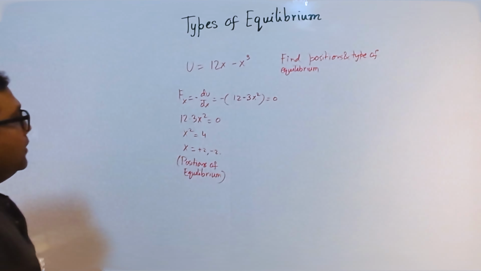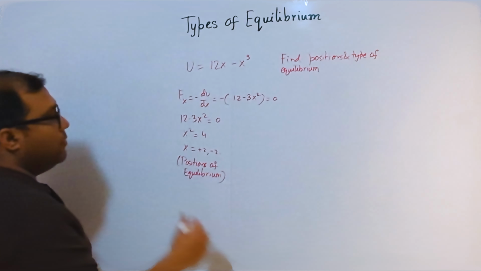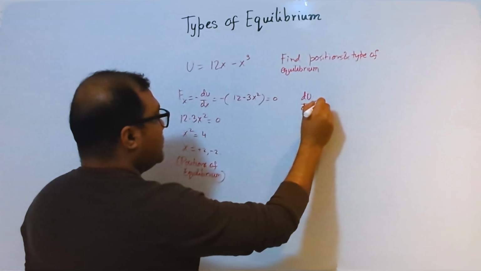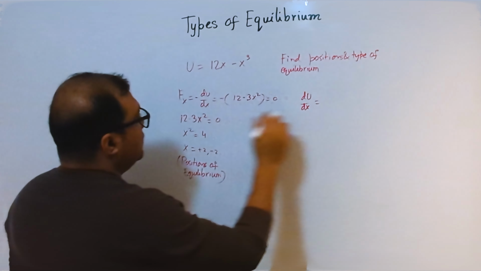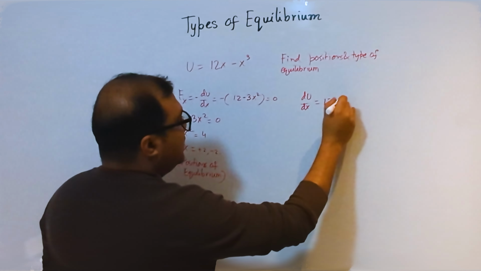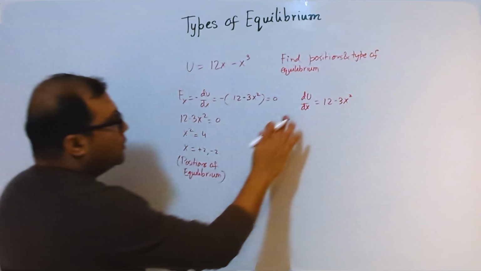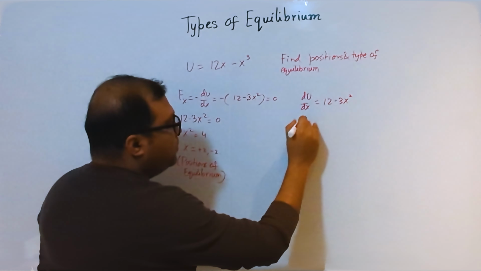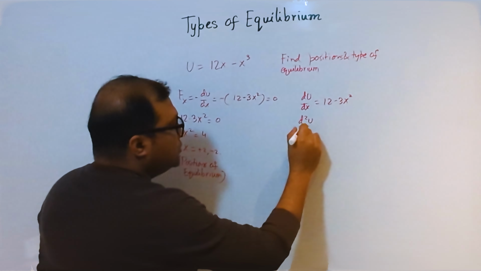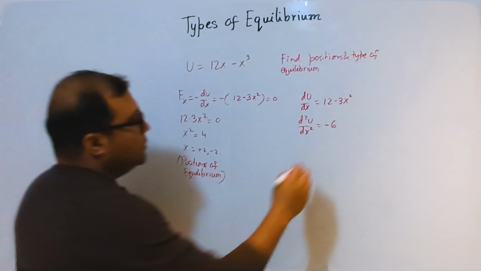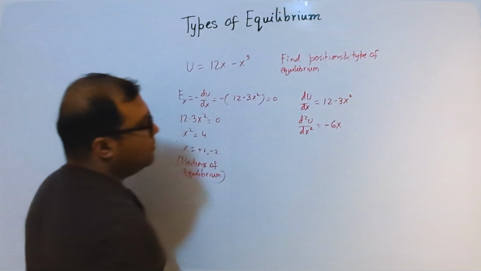Okay. Now to find the type of equilibrium, we got du/dx is 12 minus 3x square. So to find the type of equilibrium, we'll find d square u/dx square, which is minus 6x.